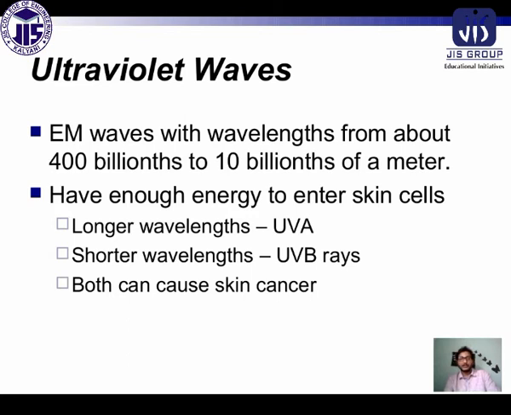So they have different energies, and this ultraviolet ray has energy which can penetrate our skin cells, and as a result we can use this ultraviolet ray for cancer treatment also, right?